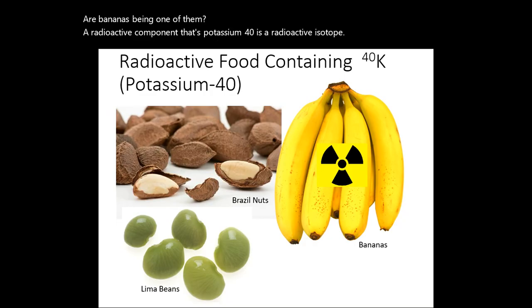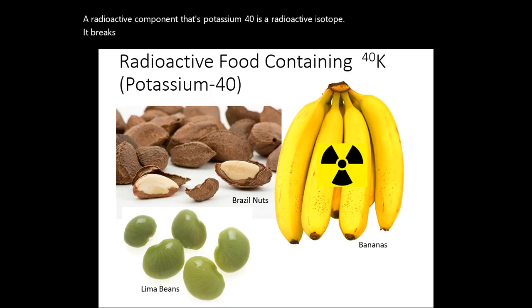It breaks down to calcium-40 and emits beta particles. Other places you can find potassium-40 are Brazil nuts and lima beans.